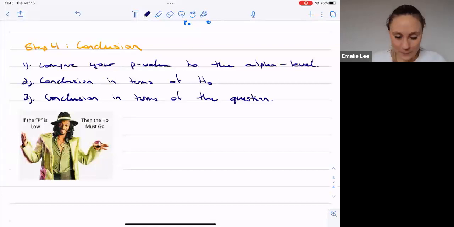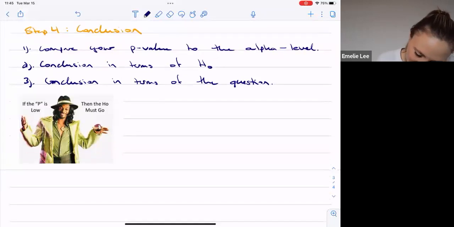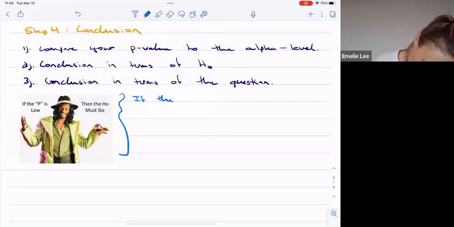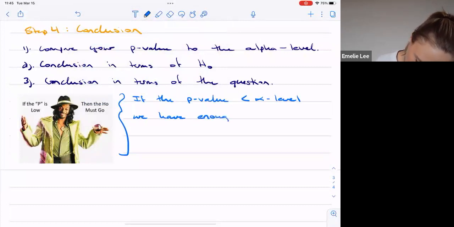But classic. So here, what this is saying is that if the p-value is less than the alpha level, we have enough evidence to reject H0.